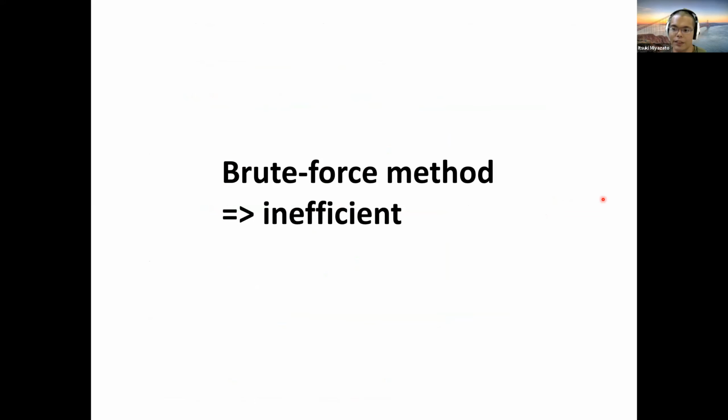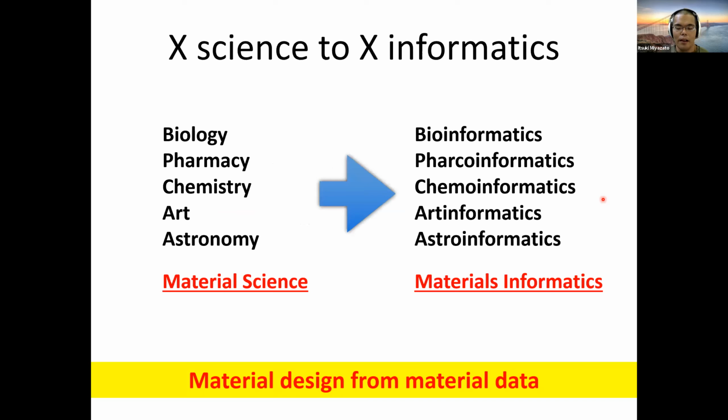So this research can be classified as what I call brute force methods, with evaluations done in all cases. This method is somehow insufficient for material design. The solution can be provided by materials informatics.